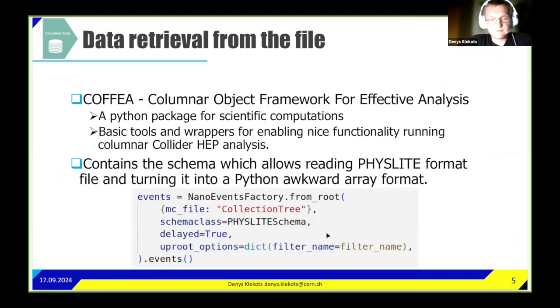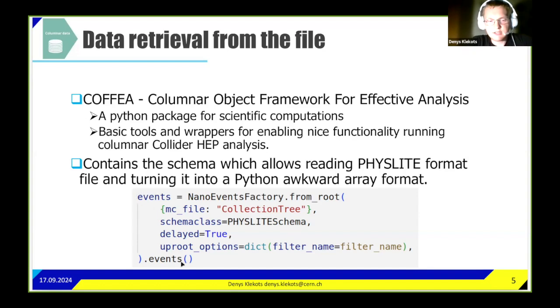So how do we actually read our data? We have nice tools, which is Coffea, a columnar object framework for effective analysis. It was already introduced today. This Python package, Coffea, contains the PhysLite schema, a piece of software which can translate data from the file and load it into memory in the form of an awkward array.